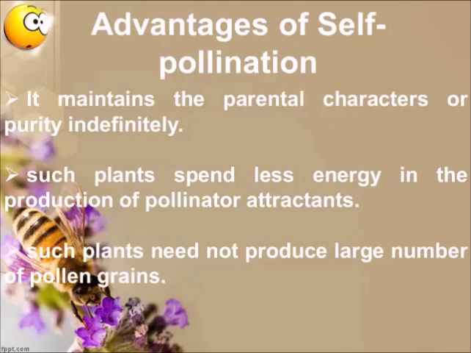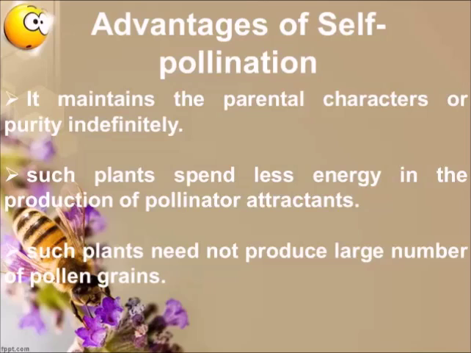Now, do you think self-pollination is advantageous to the plant? So yes, self-pollination indeed confers certain advantages to the plant. Firstly, it helps maintain genetic purity or parental characters indefinitely.